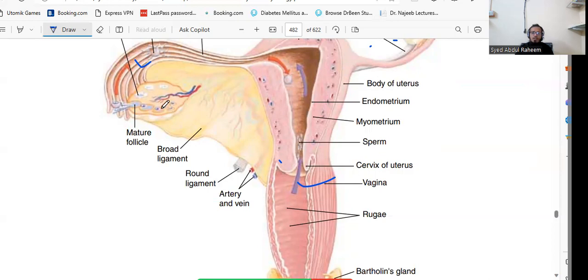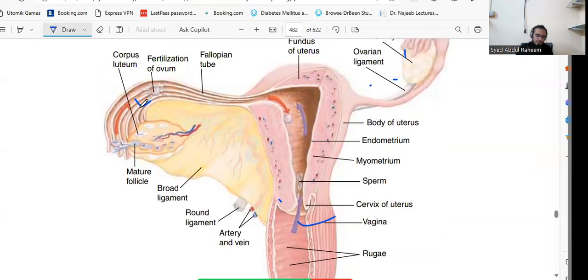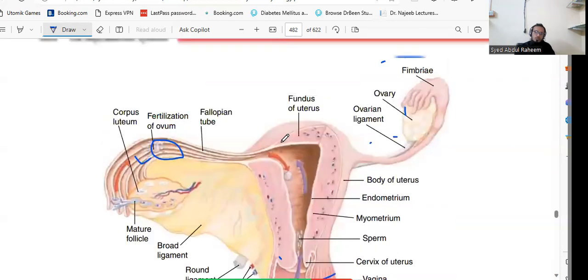Oogenesis will start with the help of FSH and estrogen, then the mature cell will form, and LH, luteinizing hormone, will rupture the follicle membrane and the ovum will come out. This is called the corpus luteum. The corpus luteum will release estrogen and progesterone.